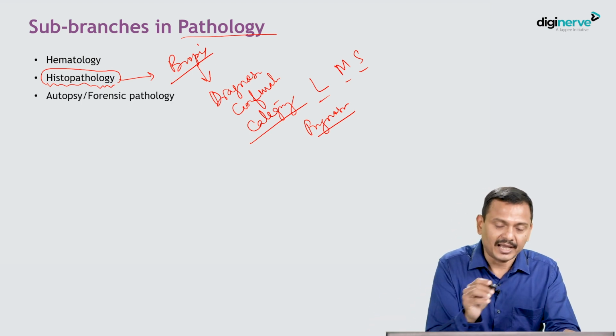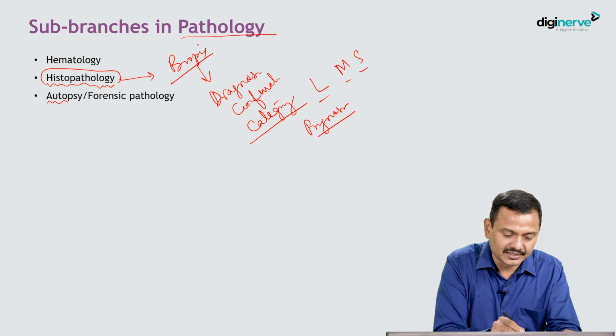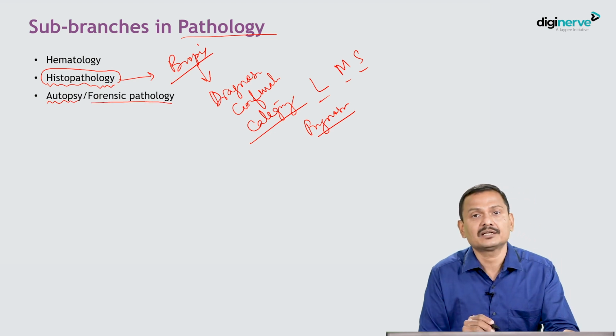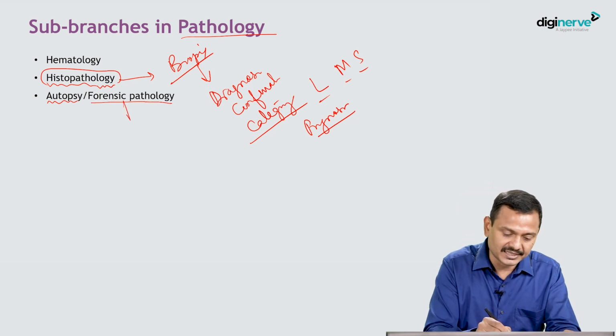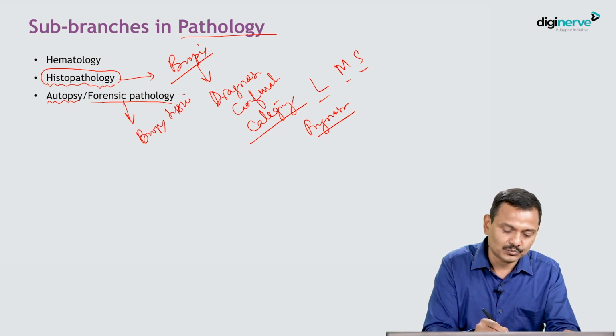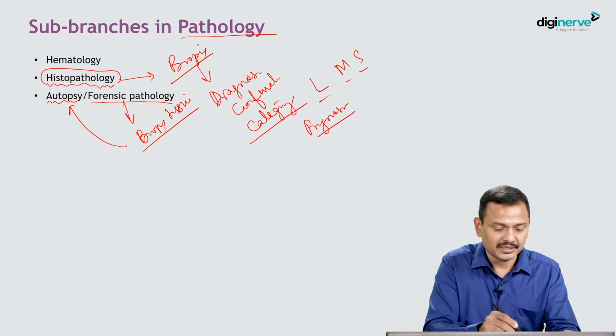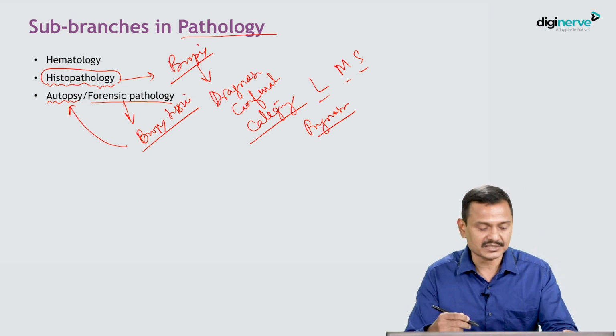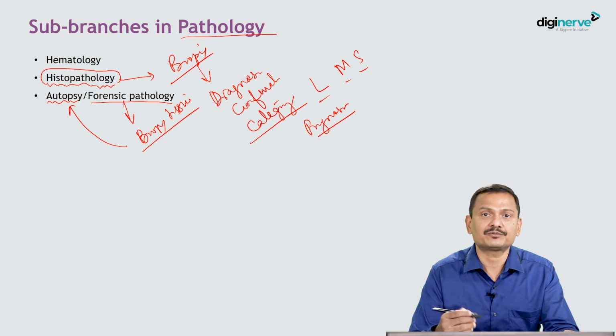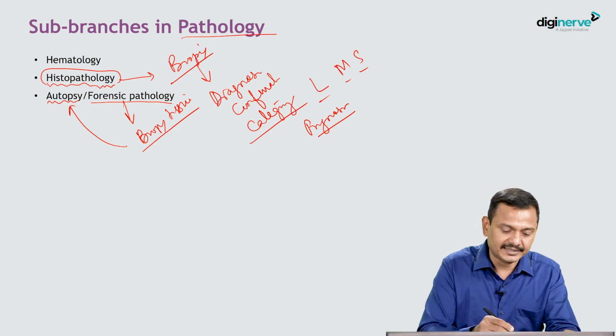When we talk about another anatomic pathology branch, that is autopsy or forensic pathology. This branch again deals with biopsy or tissue, but here one more clinical aspect is involved, that is autopsy. In histopathology, the tissue is sent to us, but in autopsy, we perform the postmortem and take different representative samples.